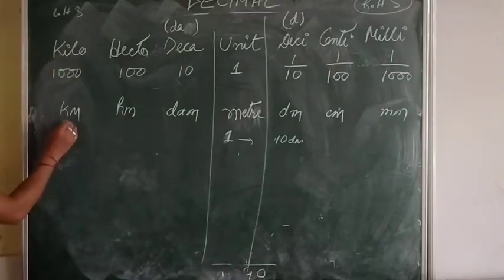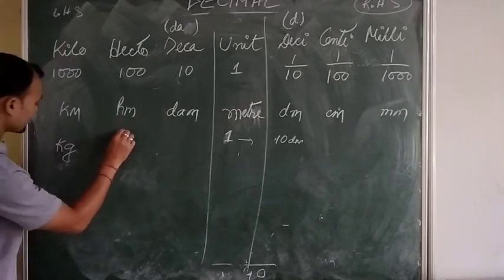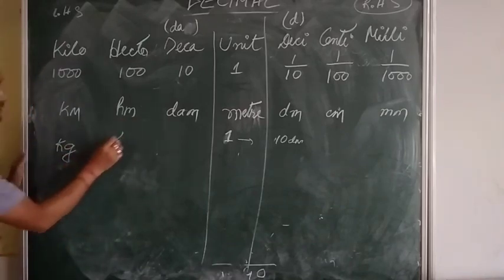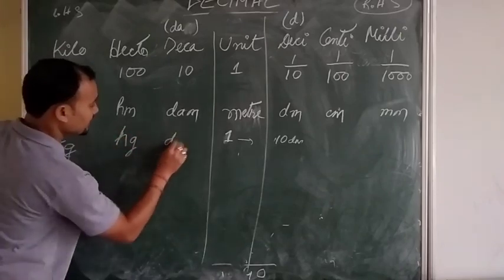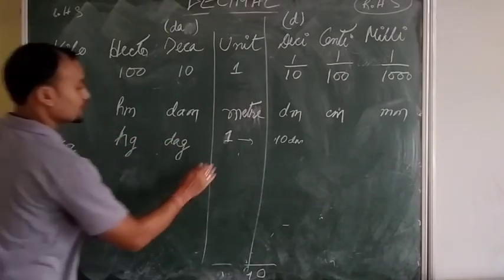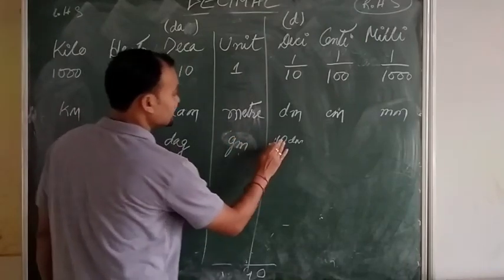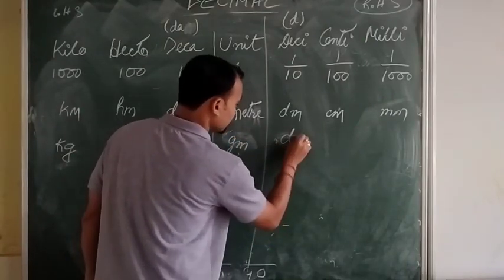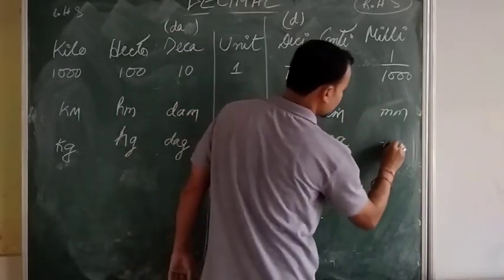It can be kilogram, hectogram. In terms of mass: Hg, DAG, G for gram, decigram is dg, centigram is cg, milligram is mg.